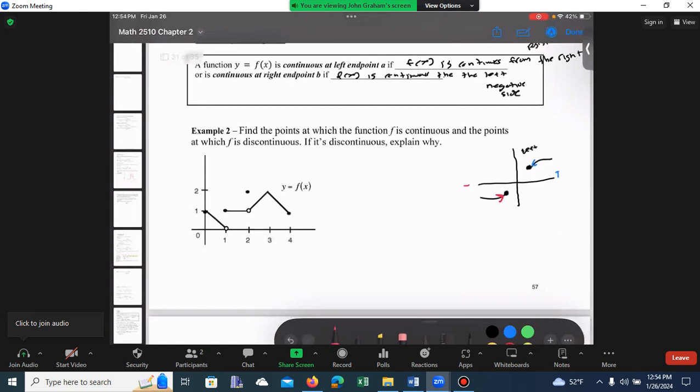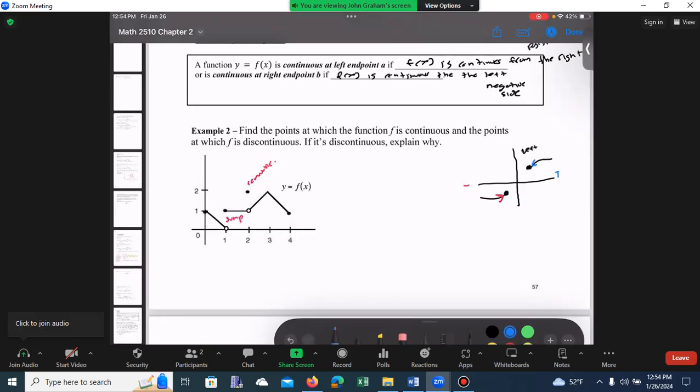Right, so we're going to look at this graph. We're going to look at the different points where f is not continuous. We see a jump. We see a removable discontinuity. And there's no vertical asymptote, so there's none of that.